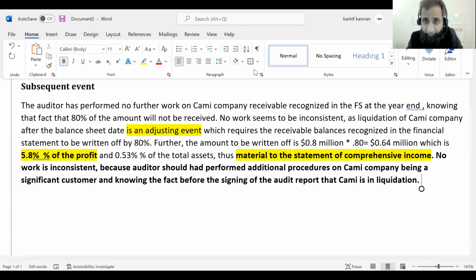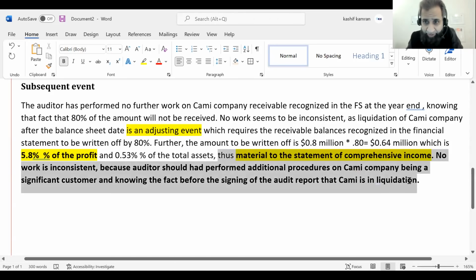So I don't know why the auditor has performed nothing here. So how many reasons do we have that this result is inconsistent?